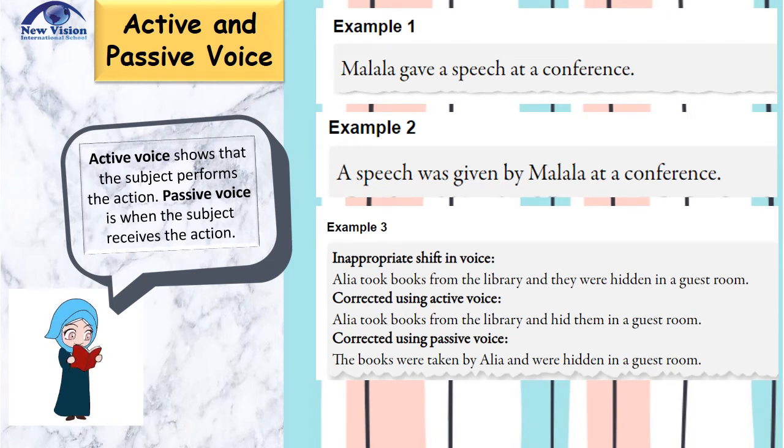The correct version for passive voice is: the books were taken by Aliyah and were hidden in the guest room. As shown above, the writing is much clearer if you revise the incorrect sentence to use the active voice. The sentence written in passive voice is not incorrect, but it is less clear than the one in active voice.